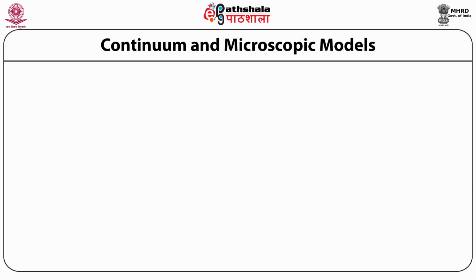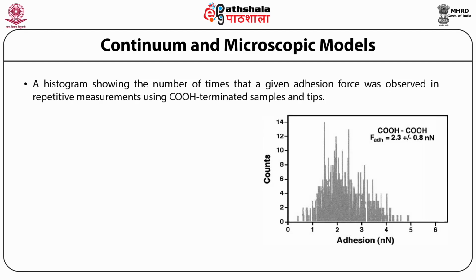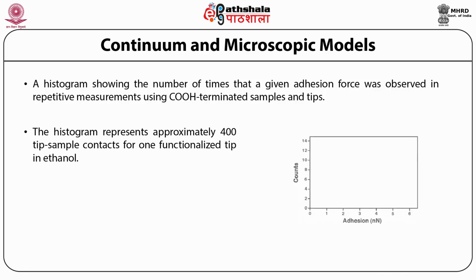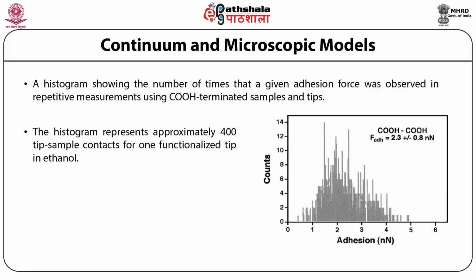This gives a plot of counts versus adhesion for formic acid, a histogram showing the number of times that a given adhesive force was observed in repetitive measurements using COOH terminated samples and tips. The histogram represents approximately 400 tip-sample contacts for one functionalized tip in ethanol.